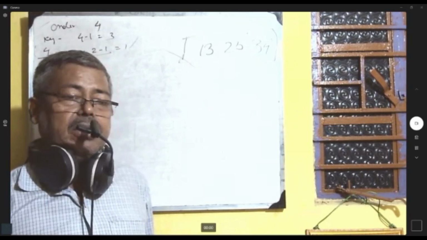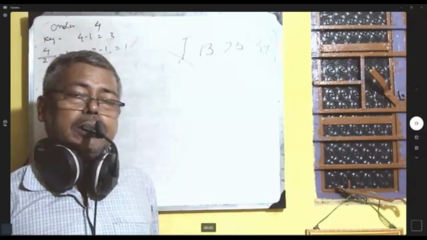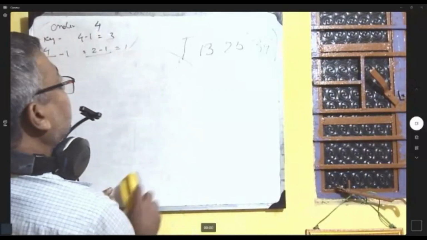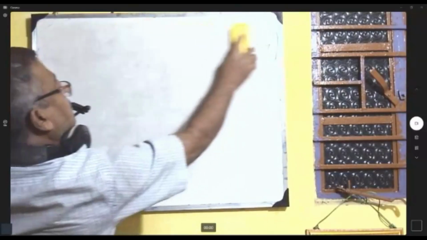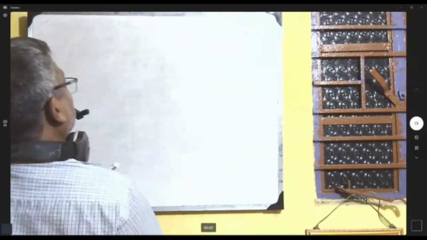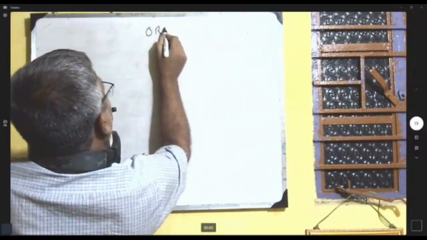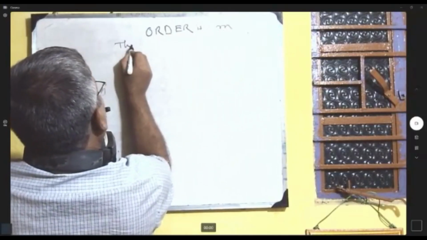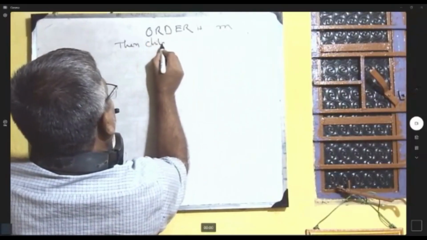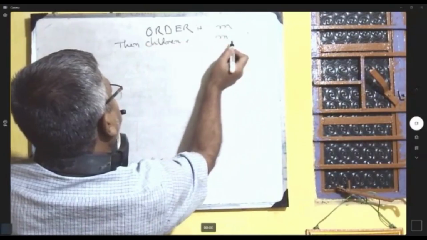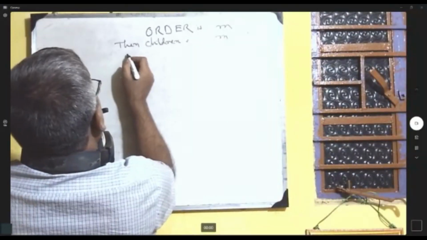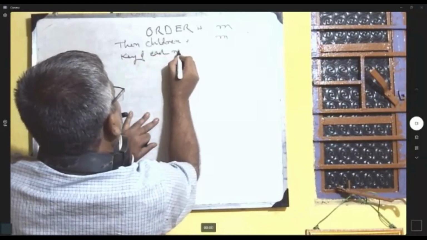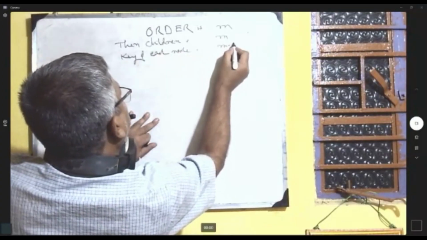Now, if the order of the B-tree is M, then the maximum number of children is M. The maximum number of keys in each node is M minus 1.